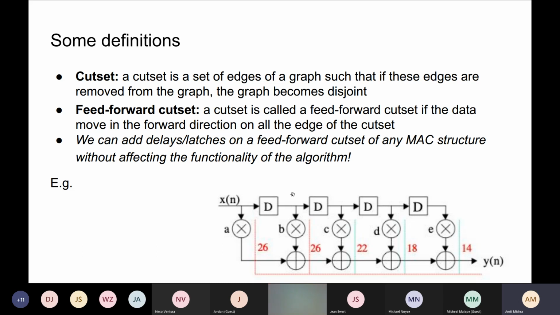And a feed-forward cutset is a cutset in which, when you cut the graph into two parts, each of the edges you cut flows in the same direction. An example is this one. If you cut a part of this graph, you can see that the edges a line will cut all flow from left to right. So this fits the definition of a feed-forward cutset.